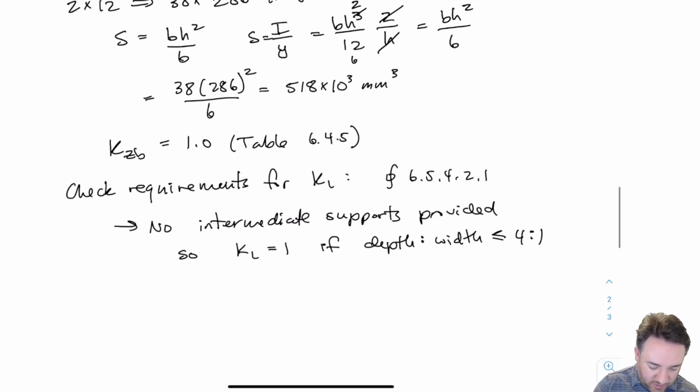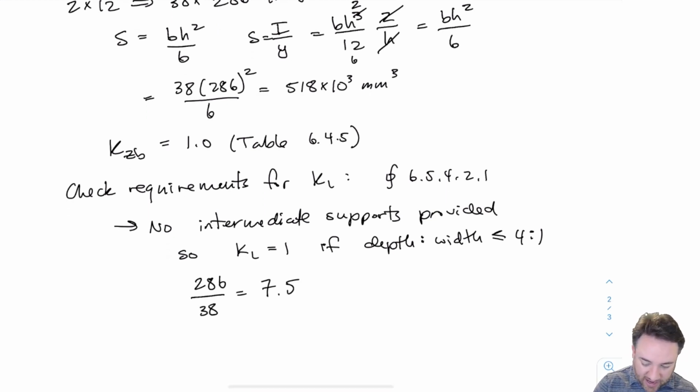So what's our depth to width ratio? We have 286 as our depth, 38 is our width. That equals about 7.5, which is way greater than 4. Therefore, KL is not equal to 1.